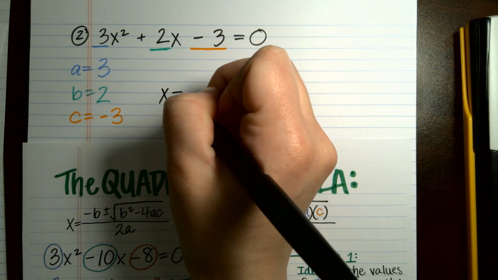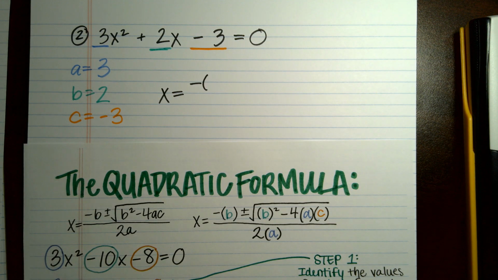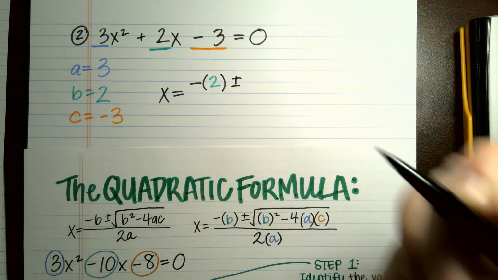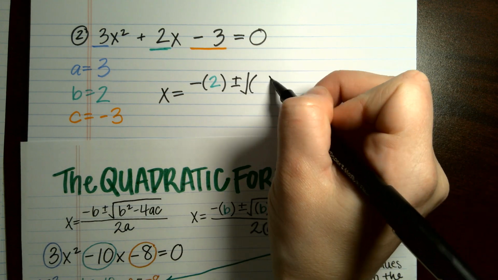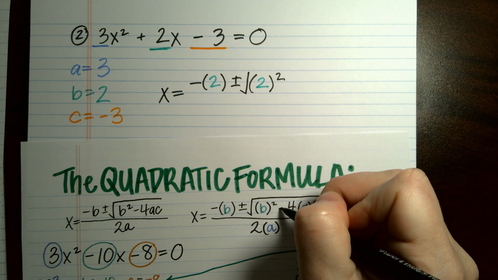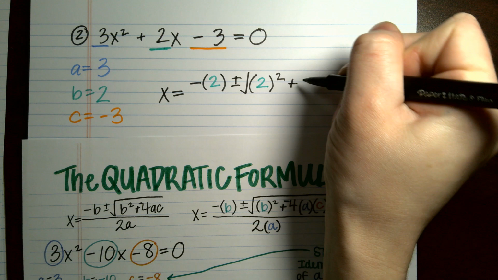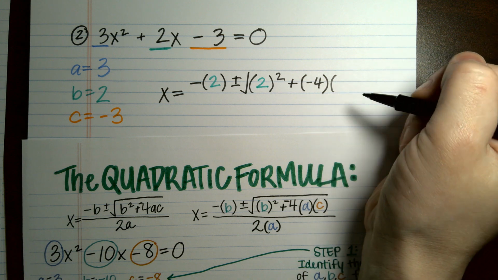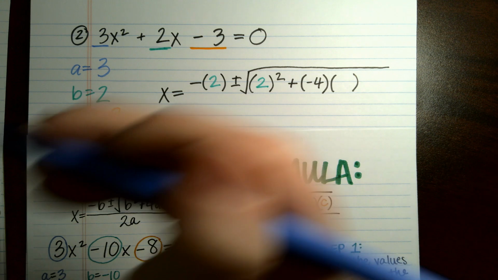X equals negative what? 2. Our B is 2. -2 plus or minus the square root of 2 squared, plus -4 times A. What's A? 3.